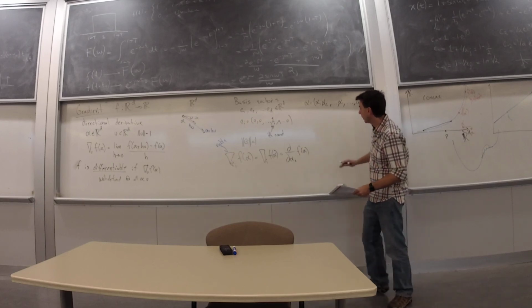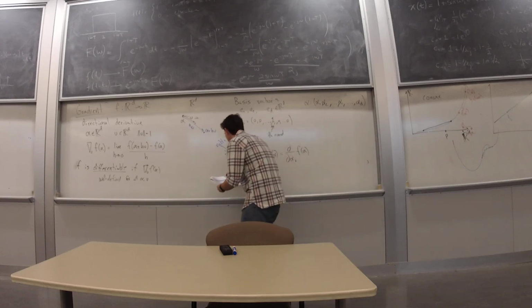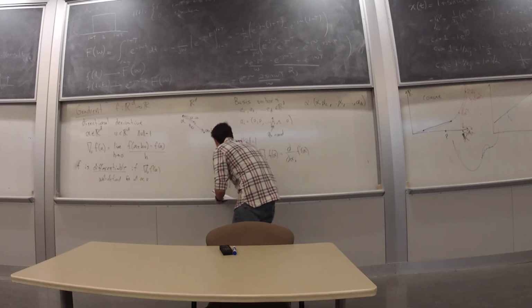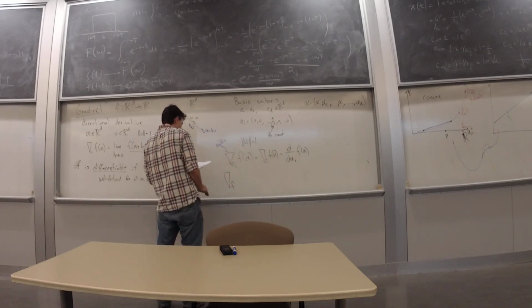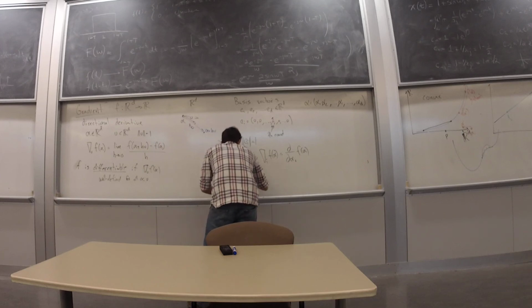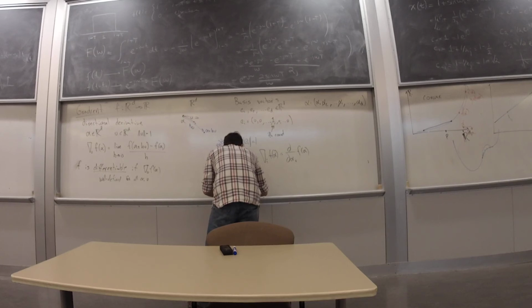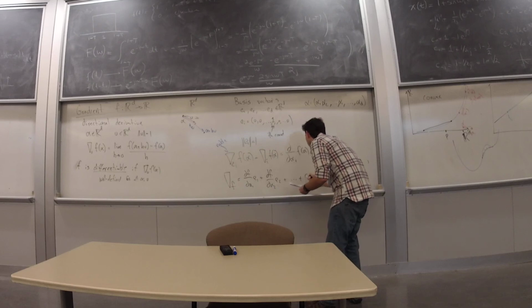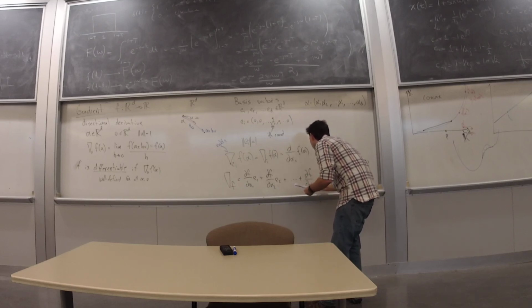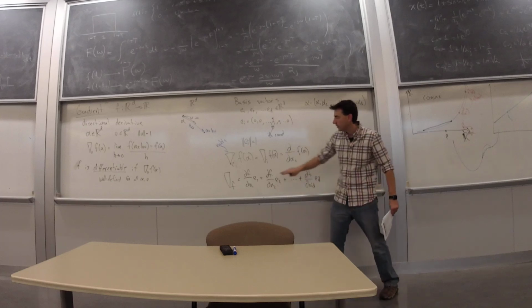Okay? And so then it turns out that, and I'll go through an example, but let me just say that the derivative, which is a vector here, is going to be... Okay, I'm going to take these partial derivatives.